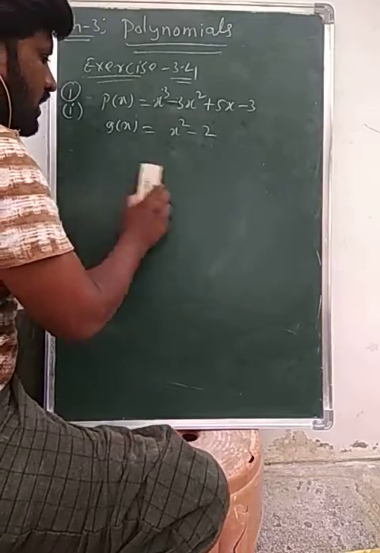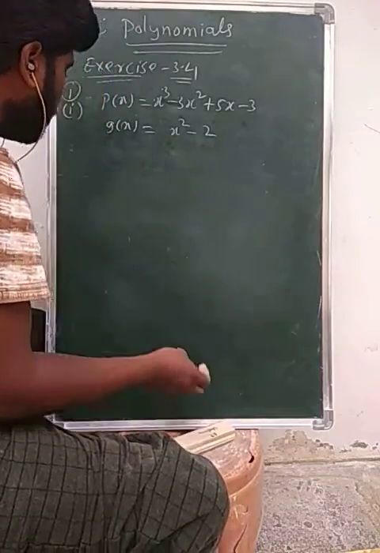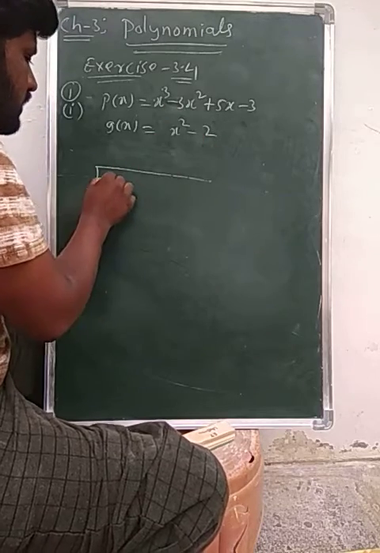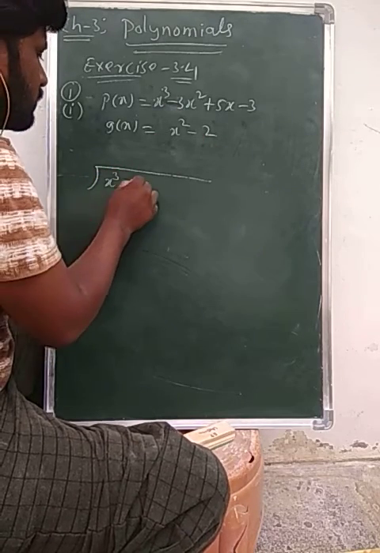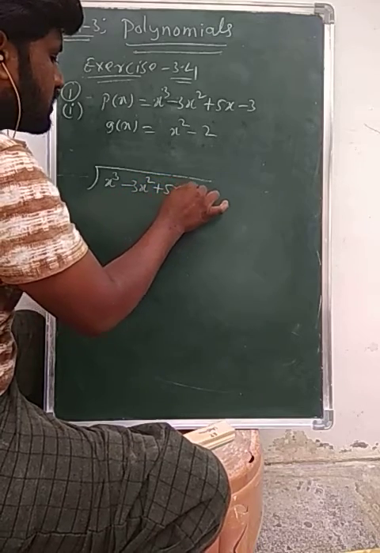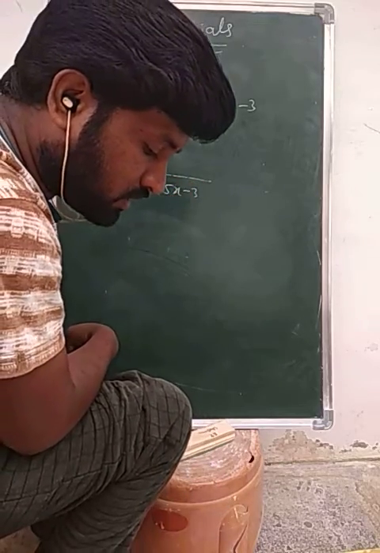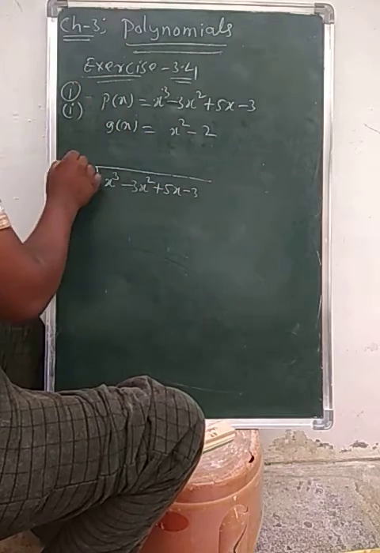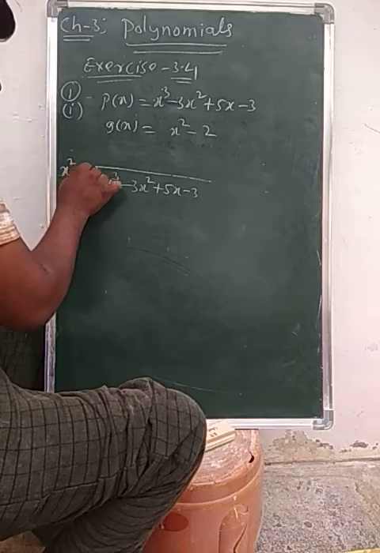You just follow what I am doing on the board. Writing the dividend here, x cube minus 3x square plus 5x minus 3, and the divisor, that is x square minus 2.